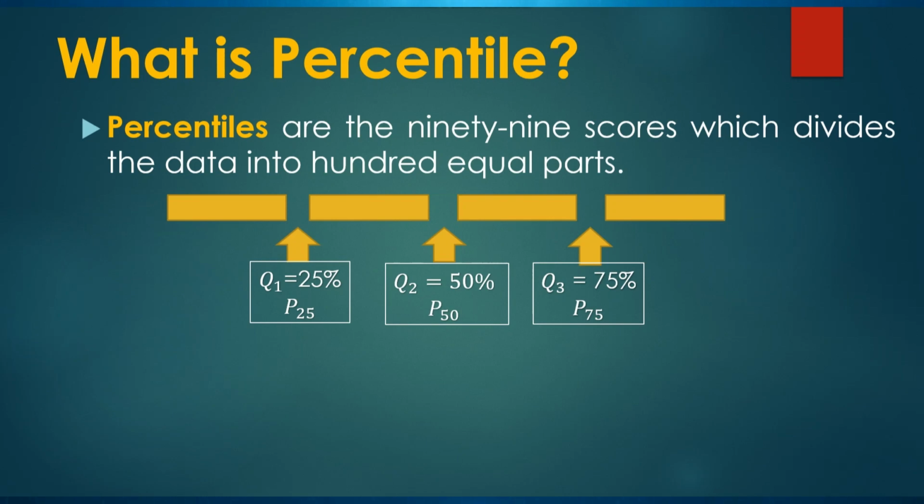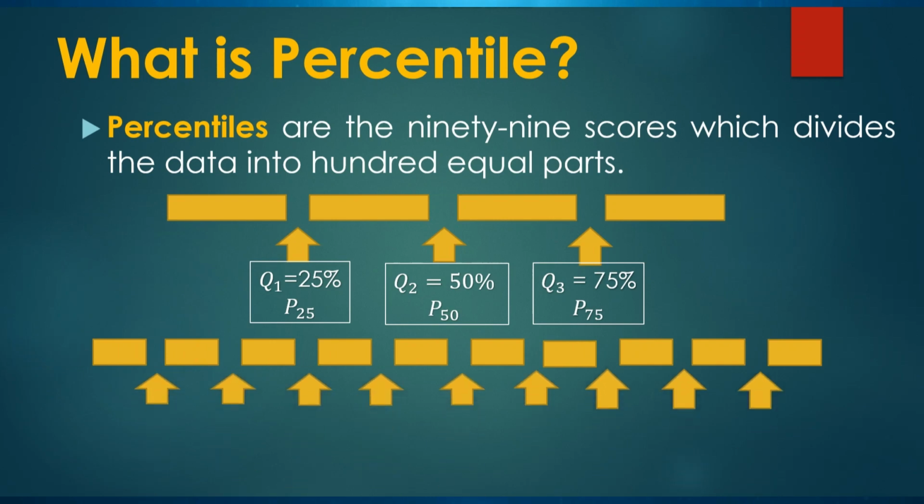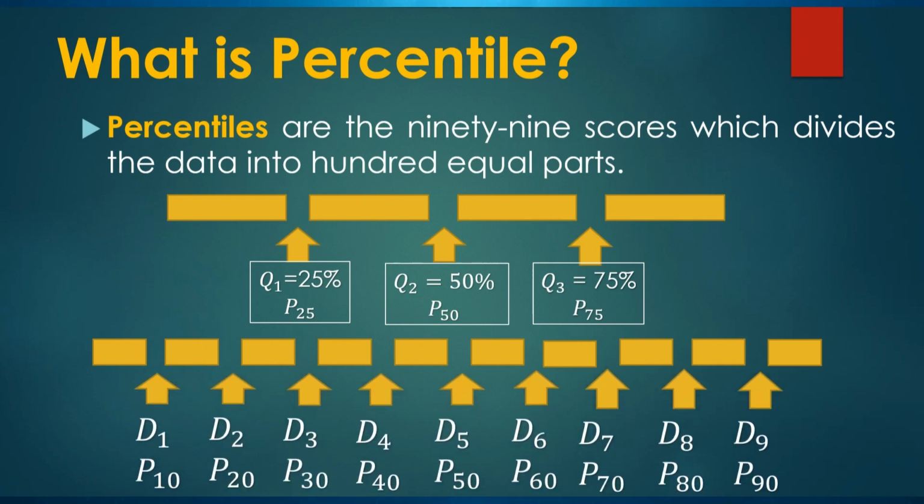In our decile, D1 is equivalent to P10, D2 is equivalent to P20, D3 is equivalent to P30, D4 is equivalent to P40, D5 is equivalent to P50, D6 is equivalent to P60, D7 is equivalent to P70, D8 is equivalent to P80, and D9 is equivalent to P90.